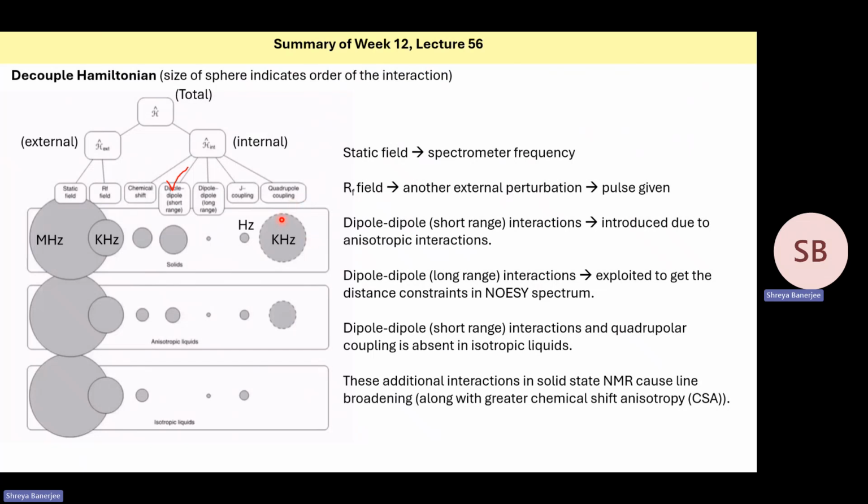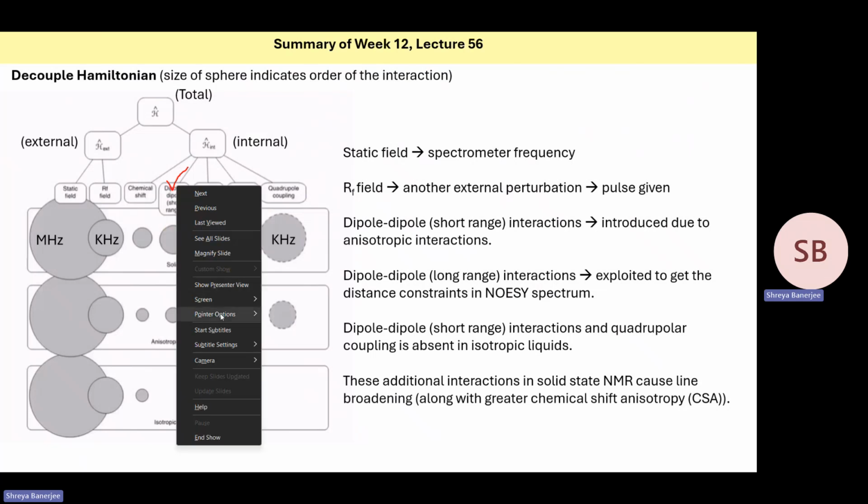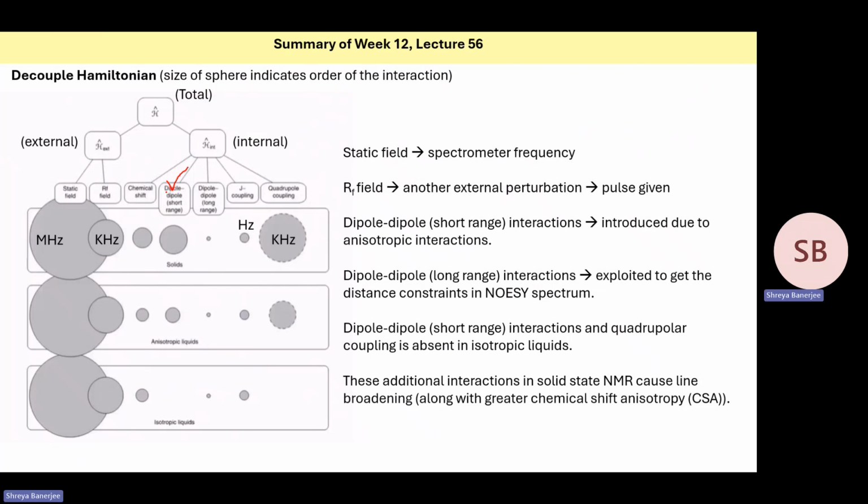One thing you can remember is that in solid state NMR, so let us compare solid, ignore the second one for now, solid with the ice. Solid state NMR is something we are just studying in this class, and isotropic liquid NMR is something we have been studying so far. So this dipole-dipole short range interaction is due to anisotropic interaction.